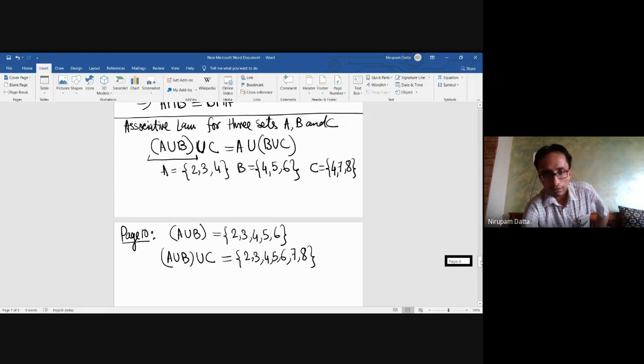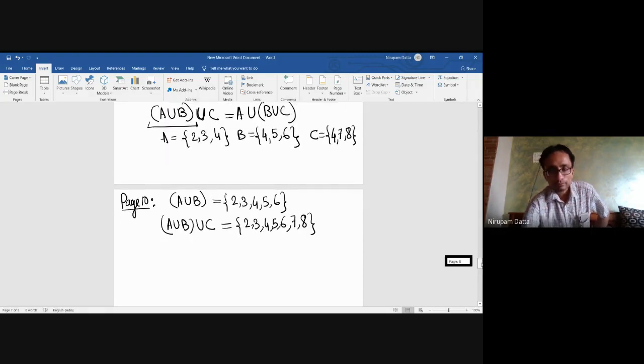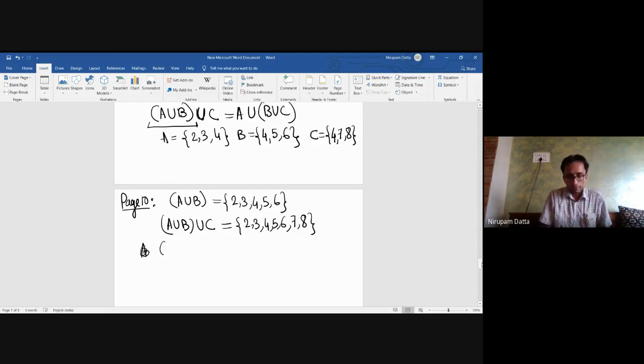Now we look the other way. A is already given, so now we have to find B union C. Elements that belong to either set B or set C, which is 4, 5, 6, 7, 8.